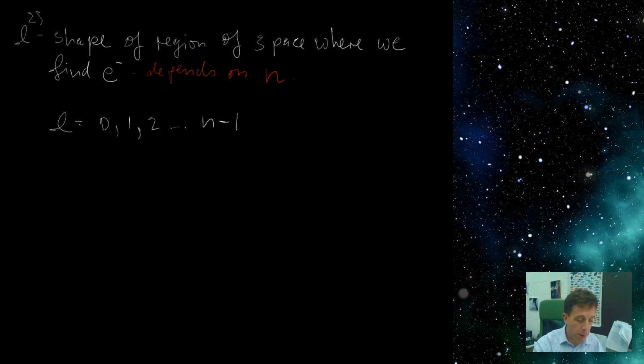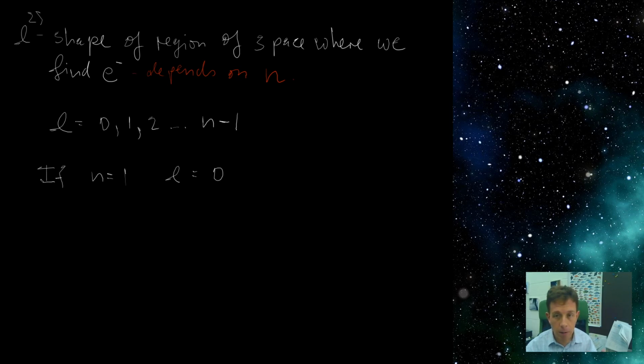So let's do an example here. If n equals 1, L can only be 0 because it has to be less than 1. So L can only be 0.